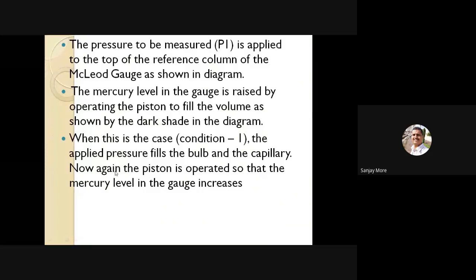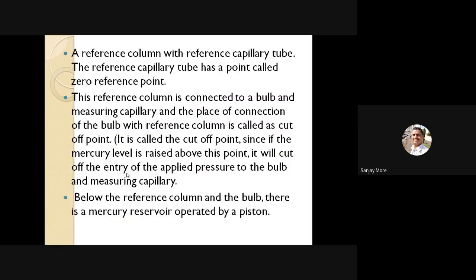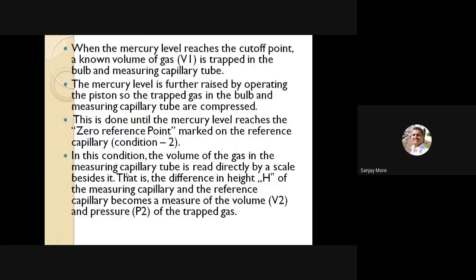Then again the piston is operated so that the mercury level in the gauge increases. Okay. Here this is filled with air, and when you apply force on the piston, the piston compresses this mercury, and the mercury moves upward, above the cutoff point. In the second condition, when the mercury level reaches the cutoff point, the known volume of gas V1 is trapped in the bulb and measuring capillary tube.